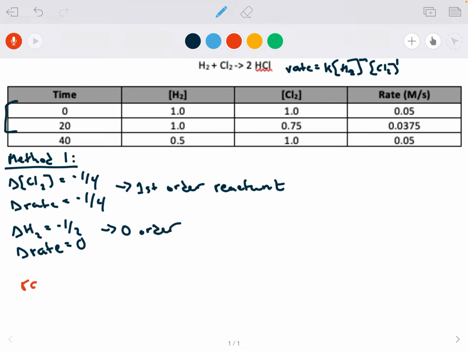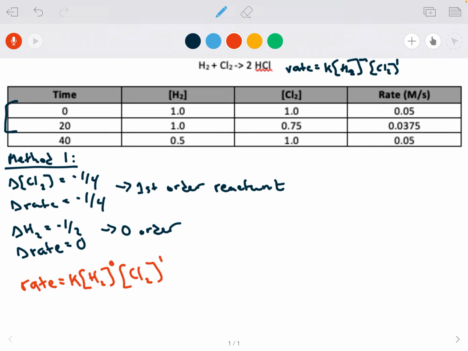So we can write the final rate law down here. Rate is equal to K times the concentration of H2 to the 0th times the concentration of Cl2 to the first. We don't even have to write hydrogen. We can take that out. And the rate can just be K times the concentration of chlorine to the first.